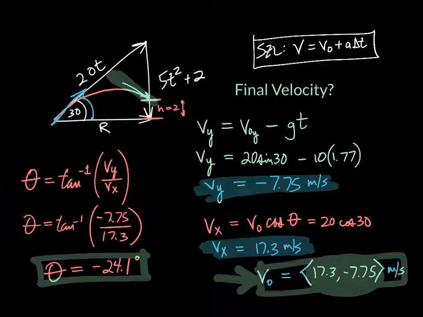And so the magnitude of that vector at this angle, I could write in polar form. V naught, back to the pencil here, would equal 19 meters per second, and I could put it at an angle of negative 24.1 degrees.